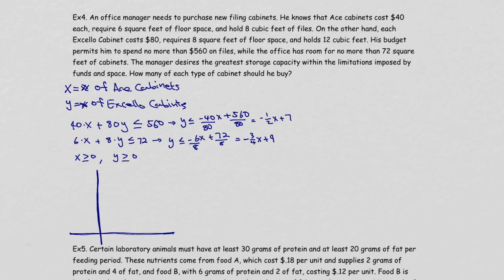Let's draw the first inequality. For the first inequality, the y-intercept is 7, and the slope is negative 1 over 2. So go down 1 and move right 2. It will be somewhere right there. So draw the straight line.